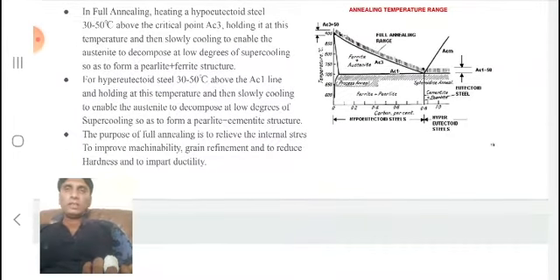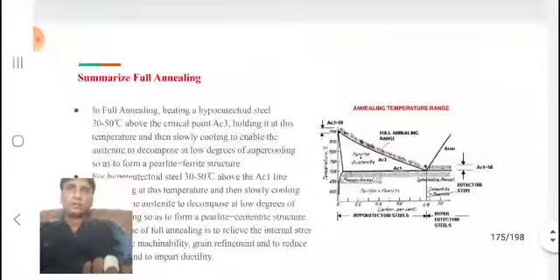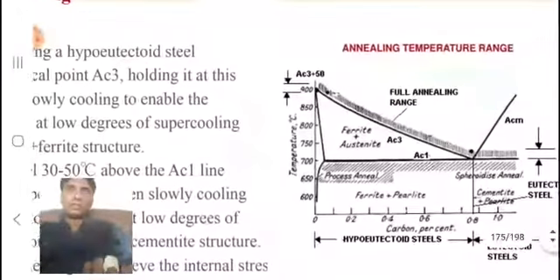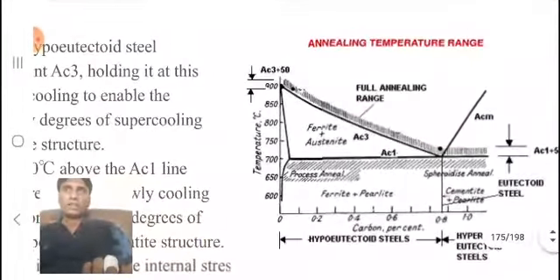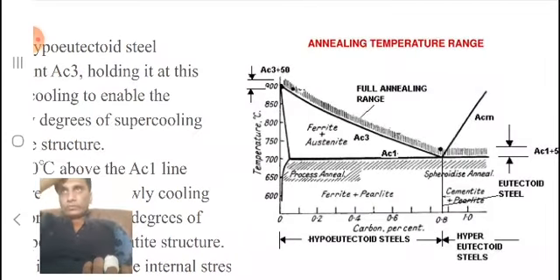So, the main concept is around this portion of the iron carbon equilibrium diagram, the iron and iron carbide equilibrium diagram.